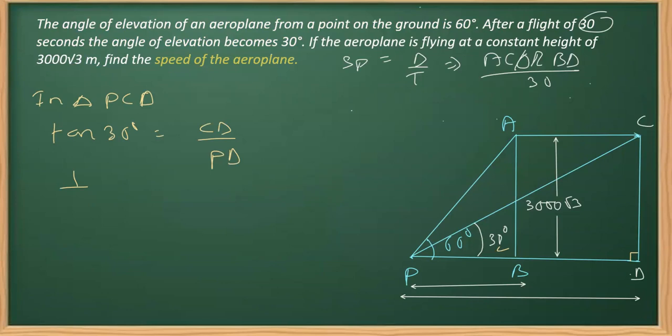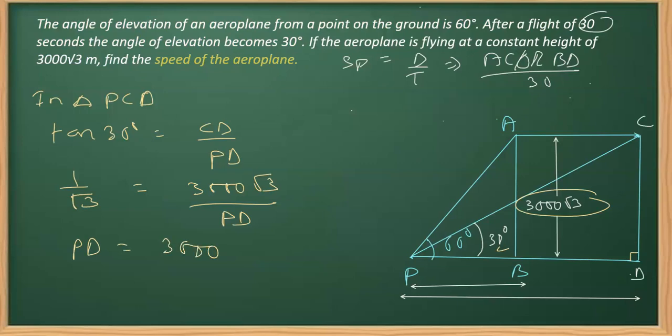So tan 30, whose value is 1 by root 3, equals CD, which is mentioned here as 3000 root 3, over the length of PD, which is what we have to get. Now, what next? We will do cross multiplication. On cross multiplication, we'll get PD is equal to 3000 root 3 multiplied by root 3. Root 3 into root 3 is 3. 3 into 3 is 9. So the length of PD will be 9000 meter.